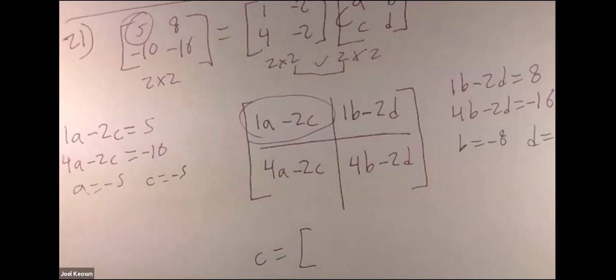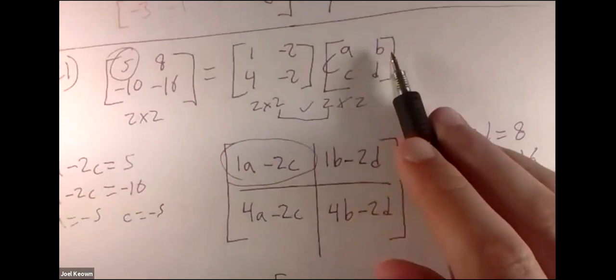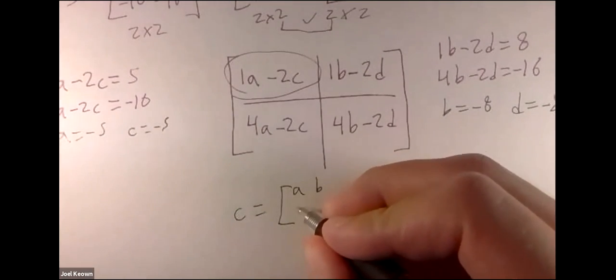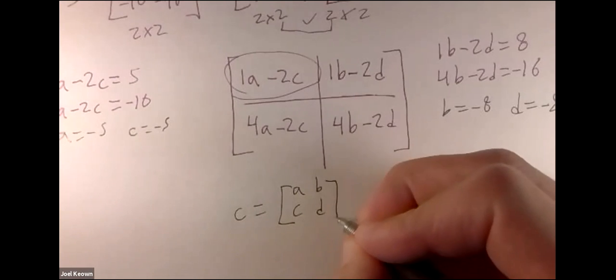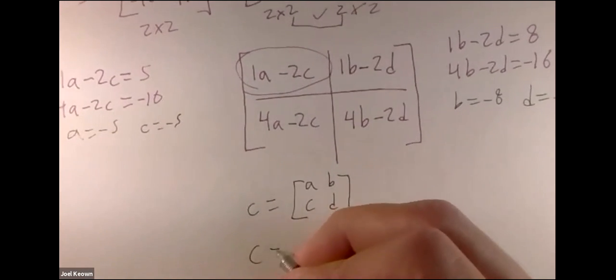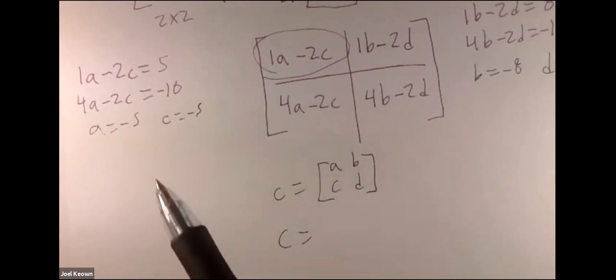So let's think about this. Second go, I let C be A, B, C, D in that order. I need to make sure I keep them in the right order. So I'll stop my share so you can see the video on the screen. Right. So I'm going to say C is, well, I said A was negative 5, C was negative 5.